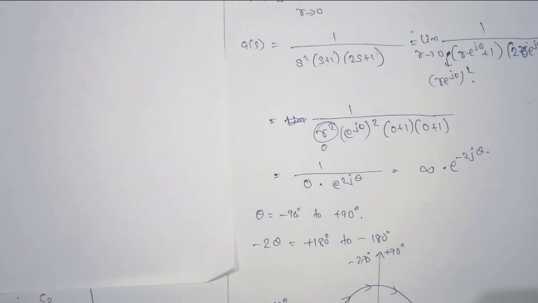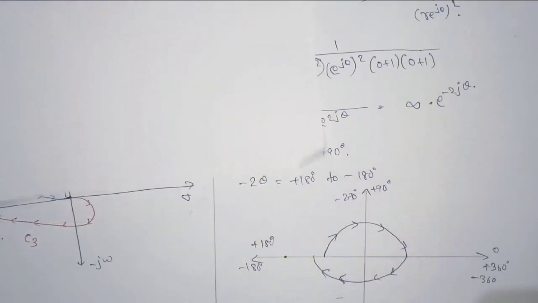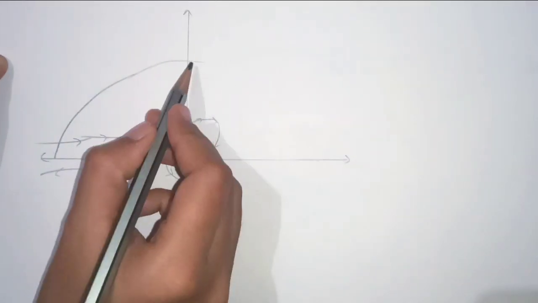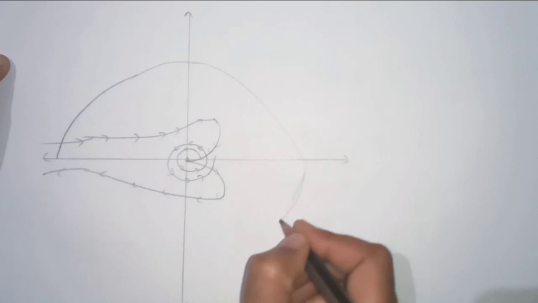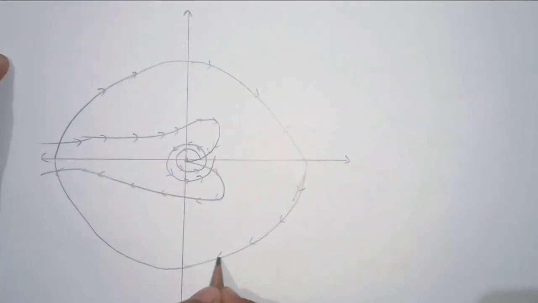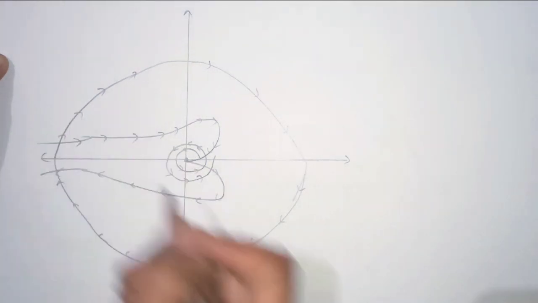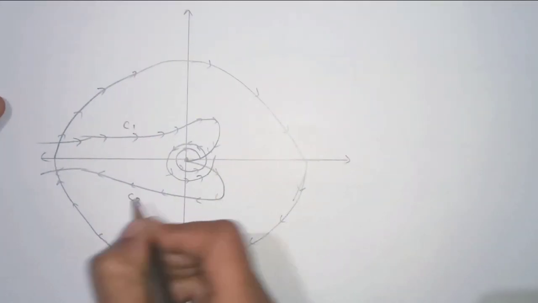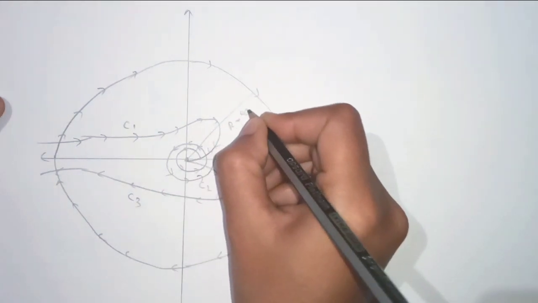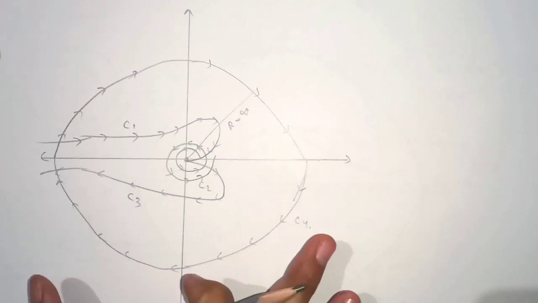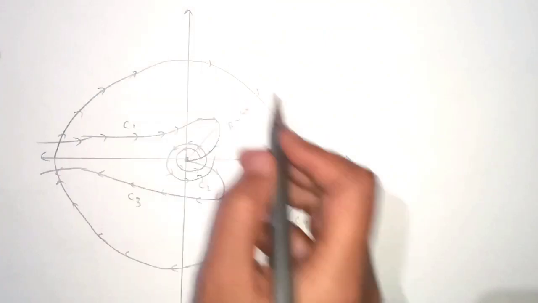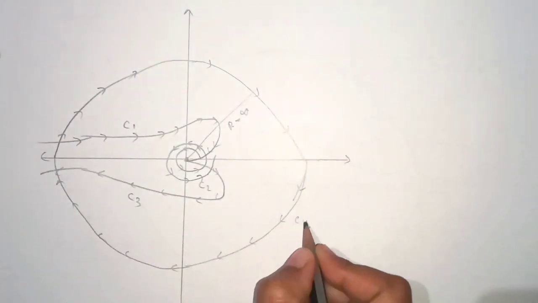And this is C4, which is having magnitude equal to infinity in clockwise direction. So finally we got every contour in this. This is C1, this is C3, this is C2, and this with infinity radius is C4.